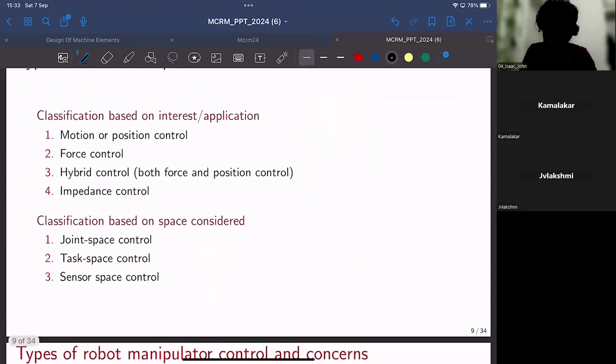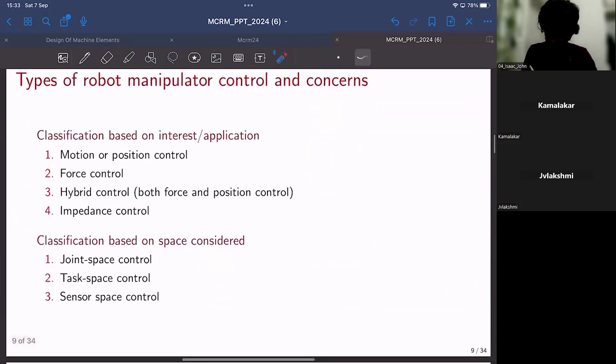Moving on to further classification, we can also classify the manipulator based on the type of interest or the type of application, which are motion or position control, where the output is only to control the final position of the robot. If you also want to control the force output of the robot, you go for force control.